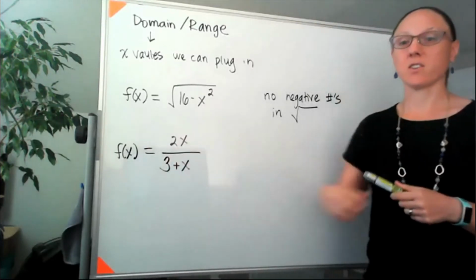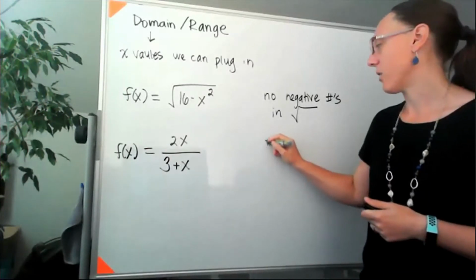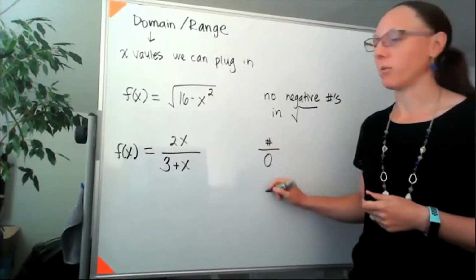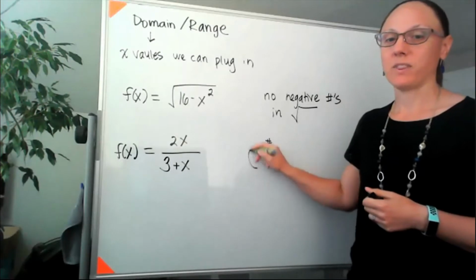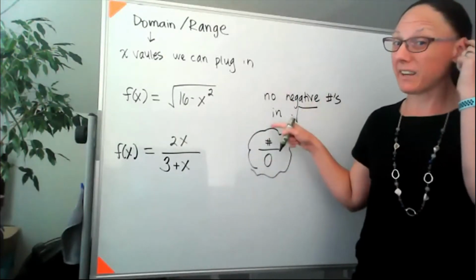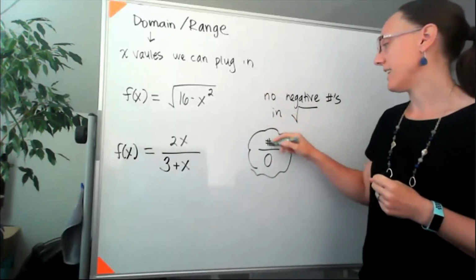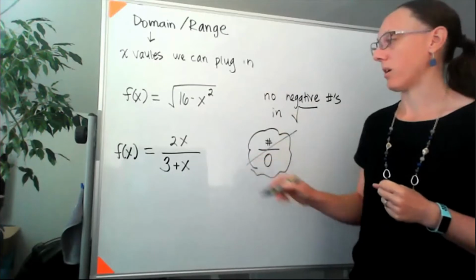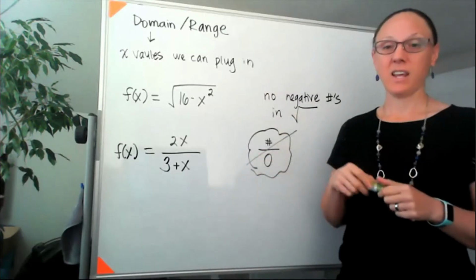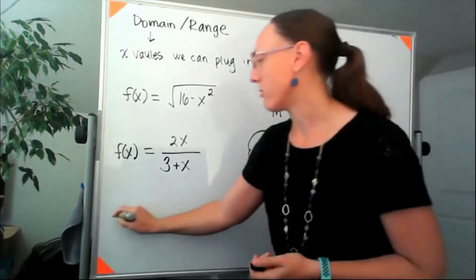So here the concern with domain is that I can't have a number divided by 0. So that's the other thing that can go wrong with domain. I don't want negatives inside of a square root, and I don't want to end up with a number divided by 0.